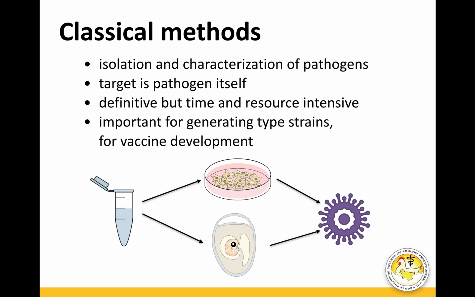The isolation and characterization of the pathogen itself is definitive. So if you do get a positive for isolation of bronchitis, for example, you definitely have bronchitis, but it's very time and resource intensive. But there is still a space for this diagnostic tool because it's very important for generating type strains and also very important for vaccine development.